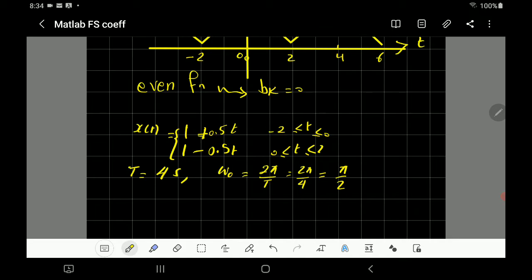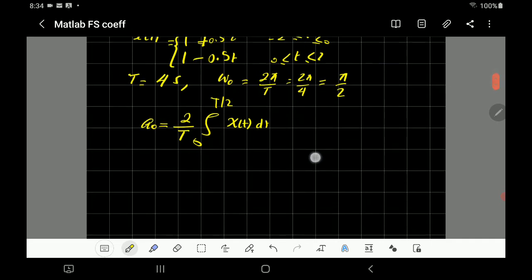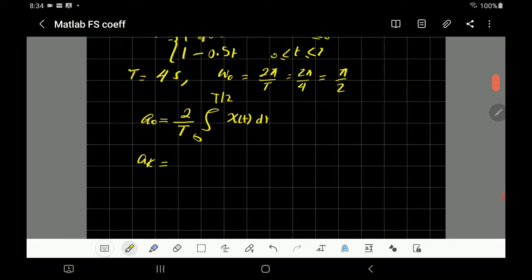To continue, you'll find A naught and AK. A naught for an even function will be equal to 2 over T times the integration from 0 to T over 2 of the function itself, dt. What about AK? AK will be equal to 4 over T times the integration from 0 to T over 2, half the period only because of symmetry, of x of t times cosine k omega naught t dt.